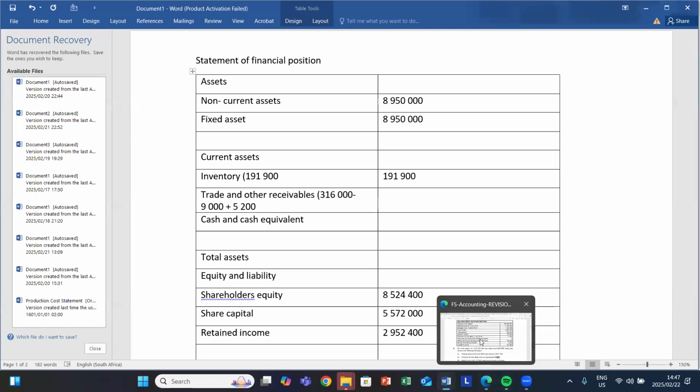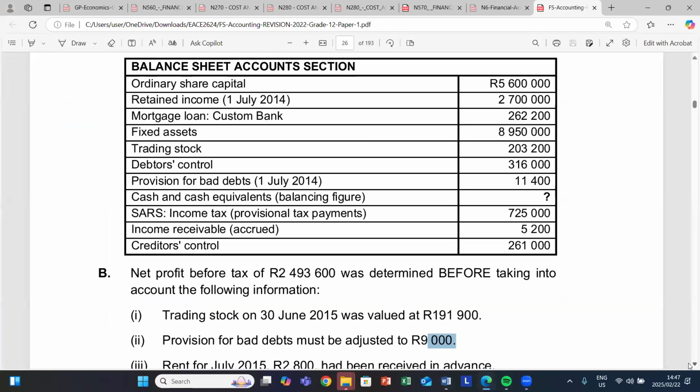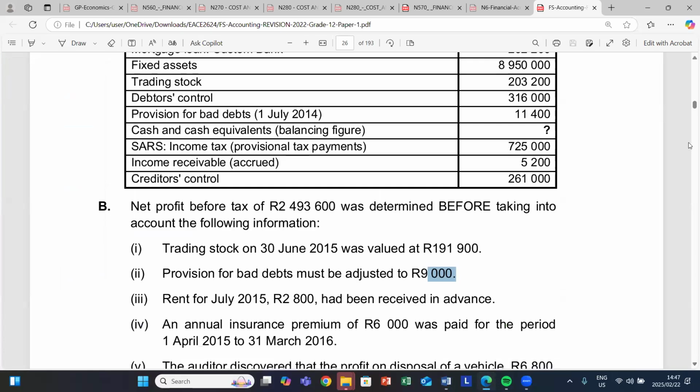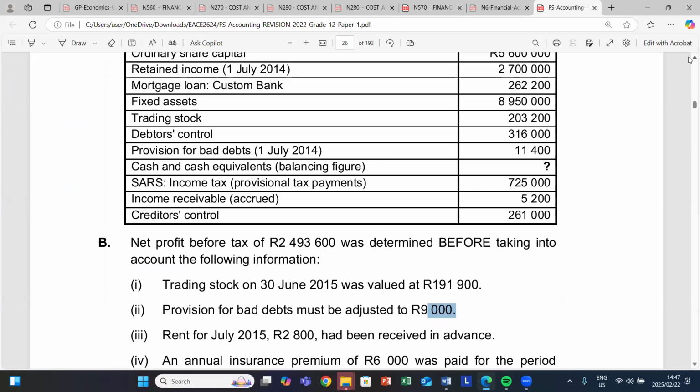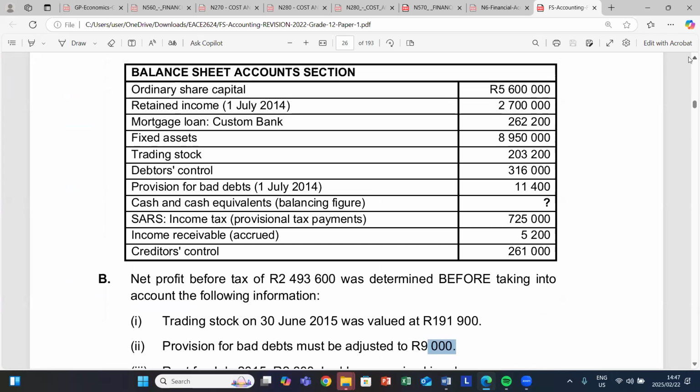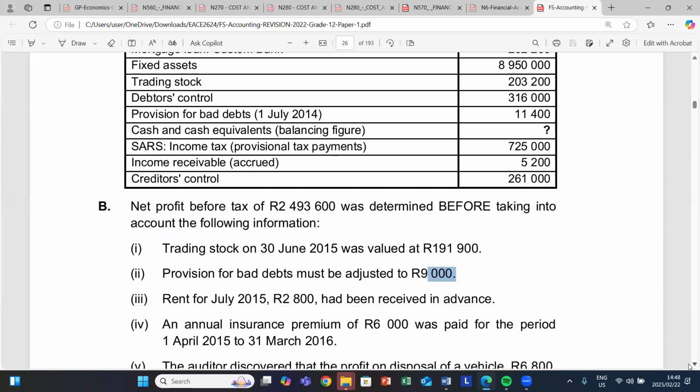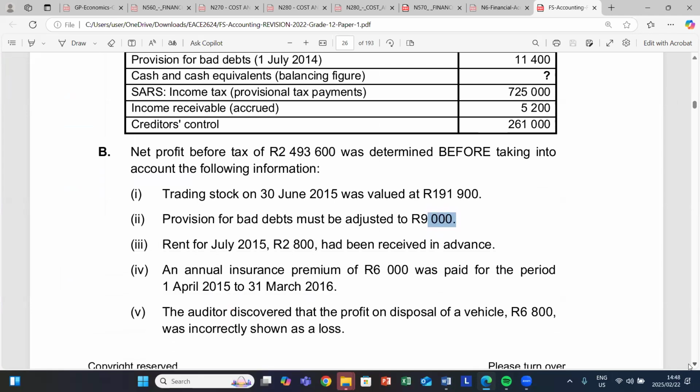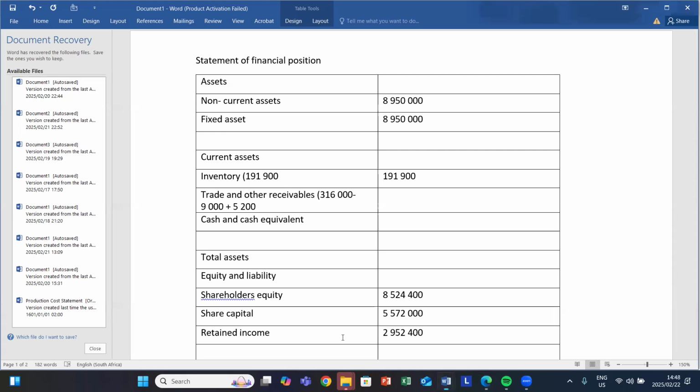What about prepaid expense? Do we have prepaid expense either in our trial balance or adjustments? In our trial balance, we don't have prepaid expense. What about the adjustments? Is there any adjustment that talks about prepaid insurance expense? Our prepaid insurance amounted to 4,500.